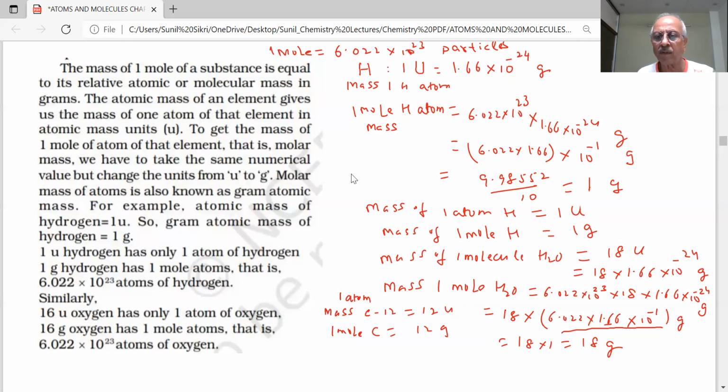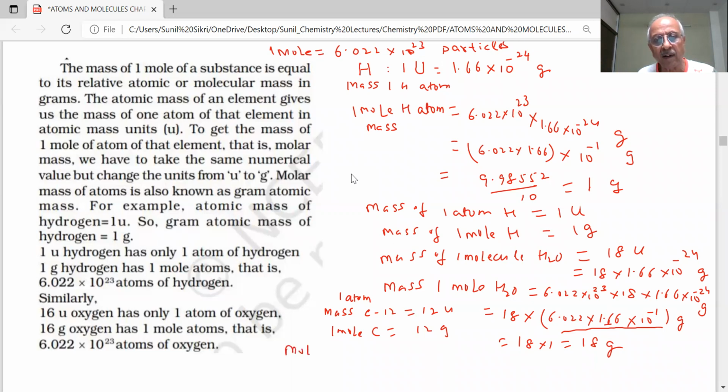Equal to 12 grams. Clear? Yes. So by using the mole, students, the mole number 6.022 into 10 power 23, what we are able to do is convert U into grams. So I can say the mass of 1 mole of atoms of an element is the molar mass.